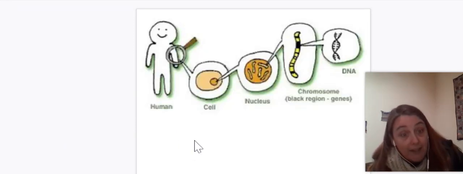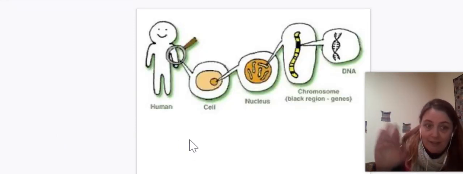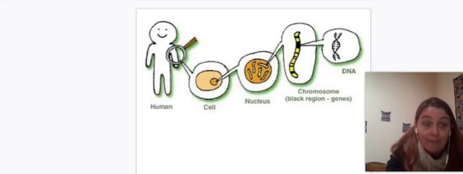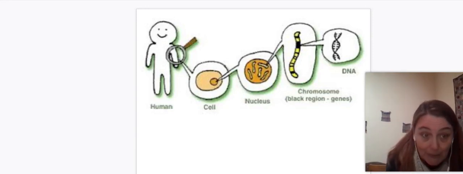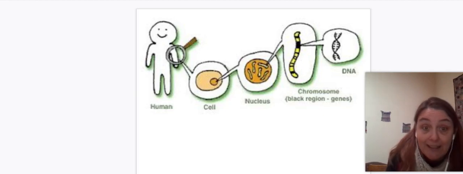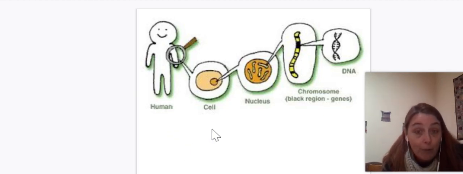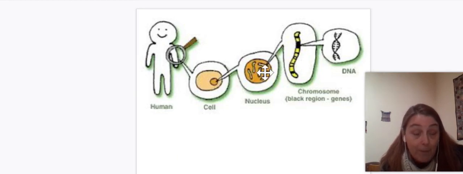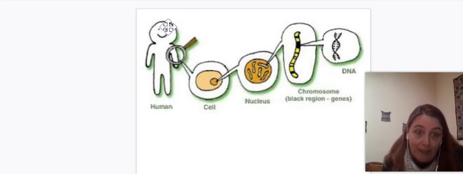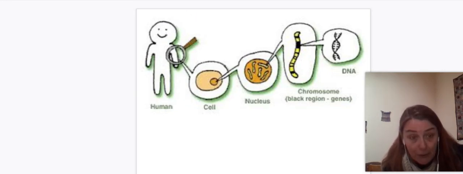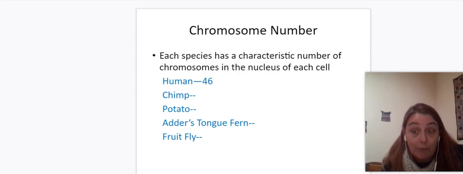And remember, every cell is identical, so they have the same exact number, and you have exactly the same number as I do, and every human being has the exact same number of chromosomes. That is, when the DNA is taken out of a jumbly mess and put in sticks and you count them up, it'll be exactly the same number of chromosomes in the nucleus of every single cell of our body. Okay? Now, for humans, that is 46 chromosomes.